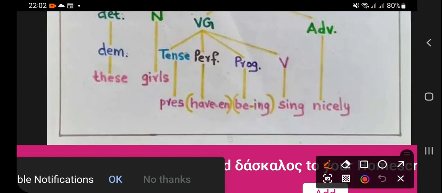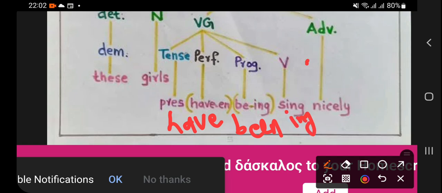Here have denotes present tense, have been, and then singing, and nicely is an adverb, that is separated.